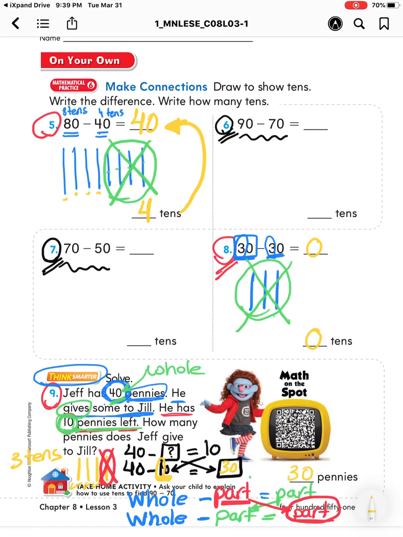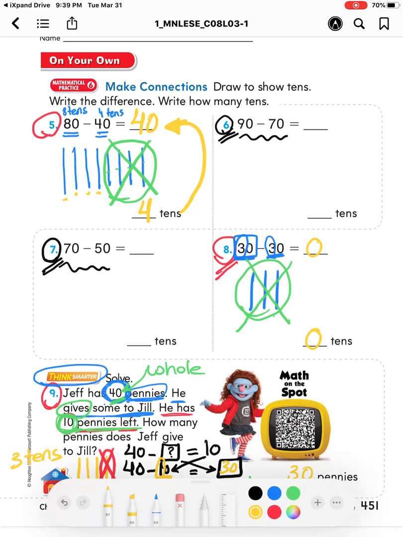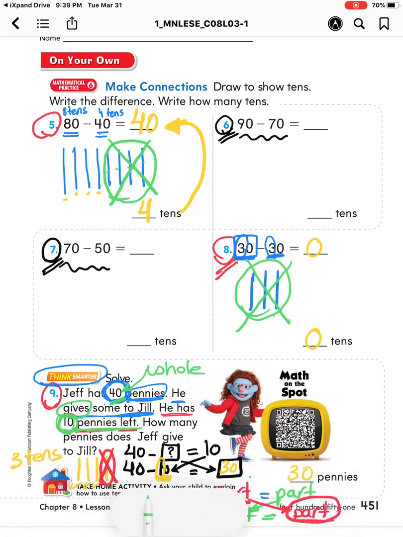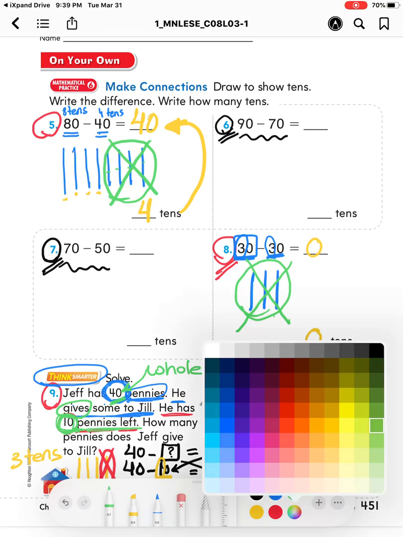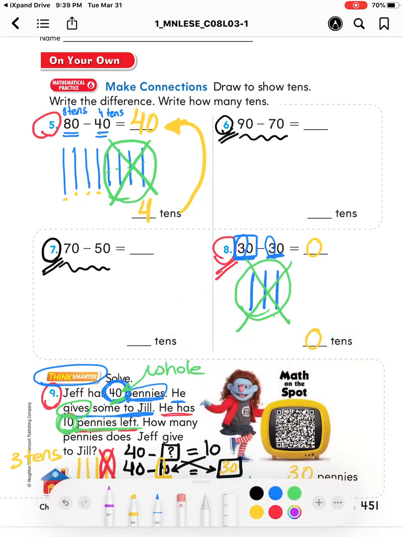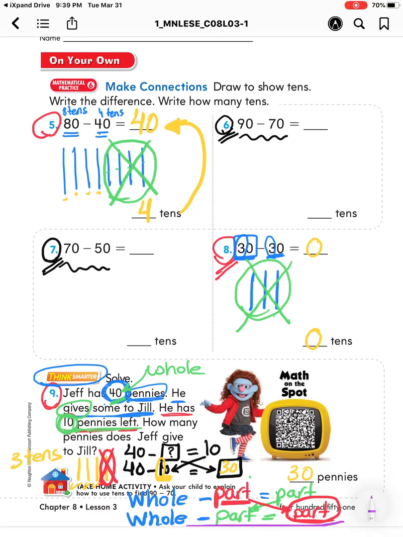Okay? Now, as I told you, this rule is so important that I draw it for you. This one is very important. VIP means very important, okay? Now, the whole minus part equal another part.